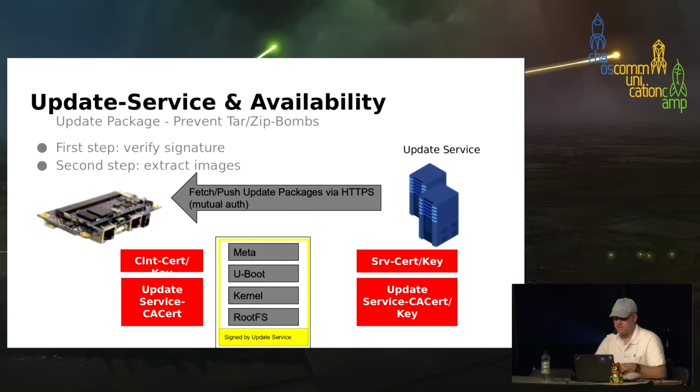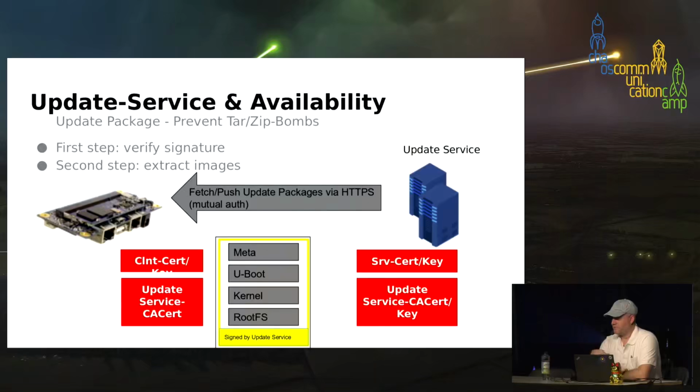What I sometimes see is that people are doing it the wrong way. They create some kind of tar file containing the images and some kind of signature, and then they untar this package, and afterwards they verify the signature. That's the wrong way. The first step is always, if you receive any data, verify the signature of this data.